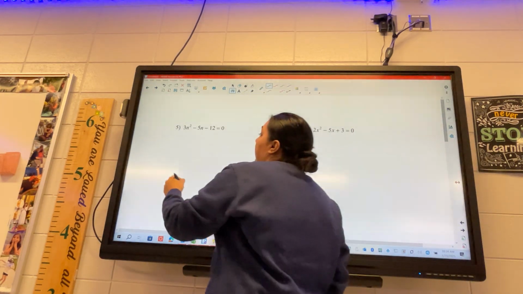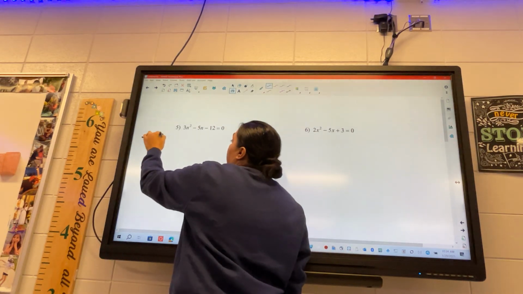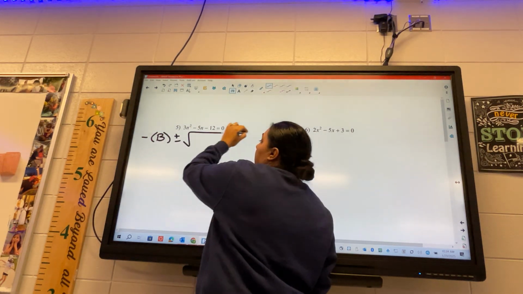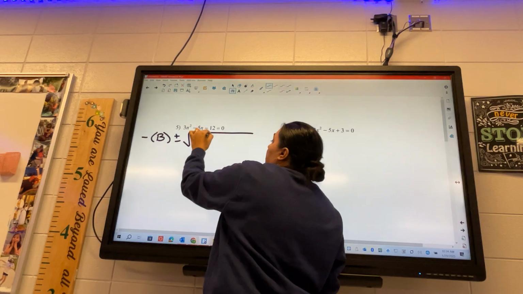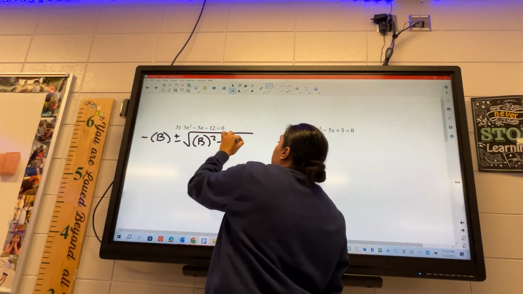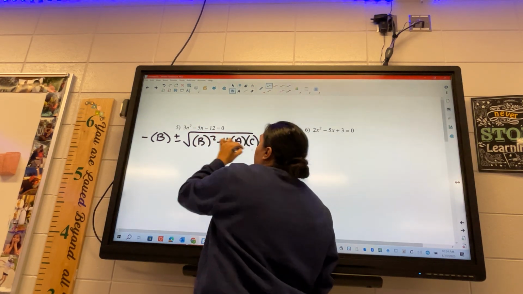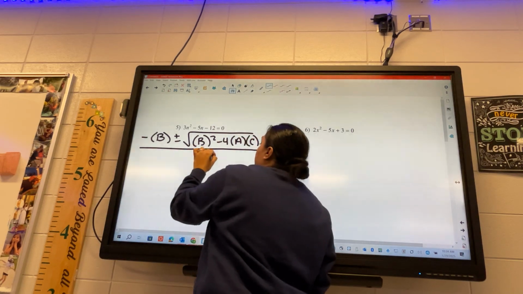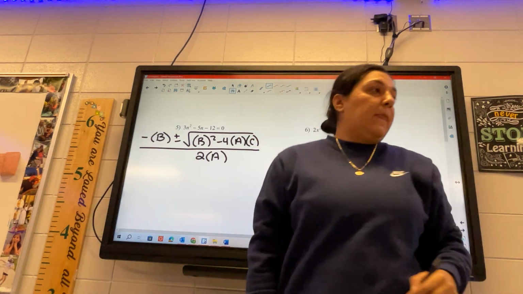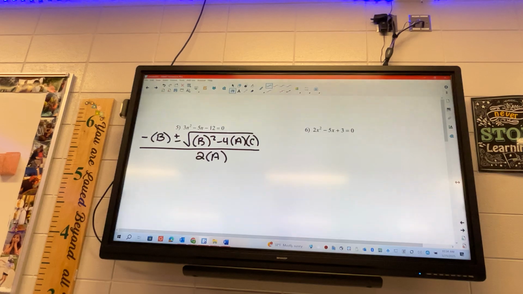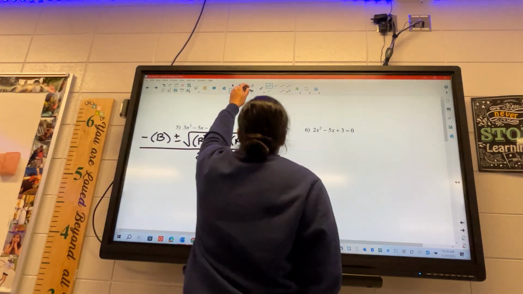Okay, number 5, we're gonna write out the formula. -b plus or minus the square root of b squared minus 4 times a times c, all over 2a. Okay, everywhere there's an A, I'm gonna erase and put what? 3.